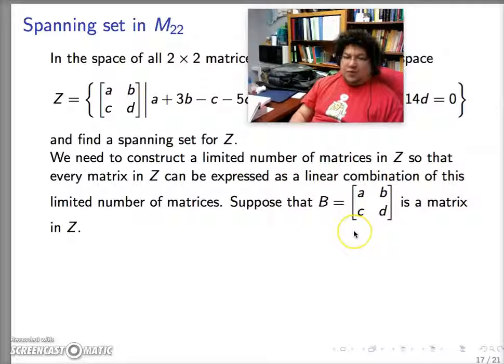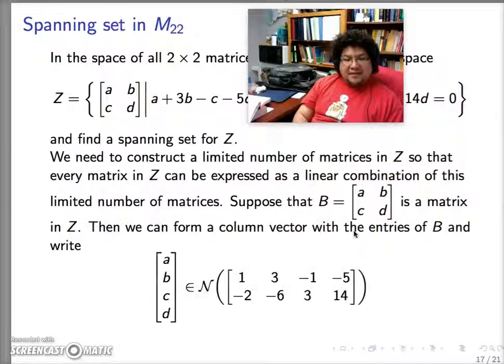Suppose we're working with an arbitrary matrix in this set. What we want to say about this arbitrary matrix is that if we pack or store its 4 entries as a vector, then we should note, maybe let me write something before I say more.